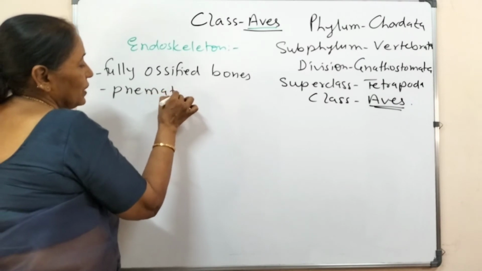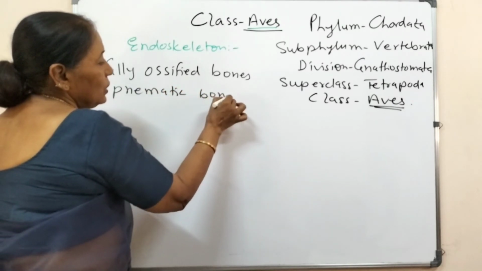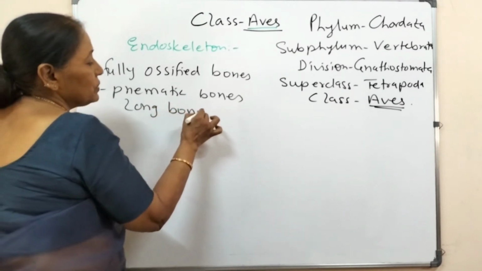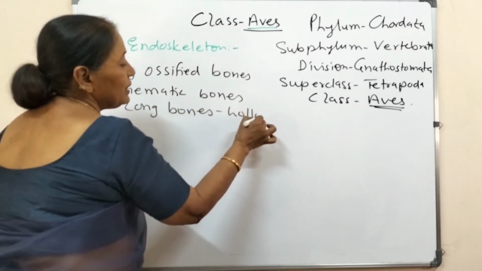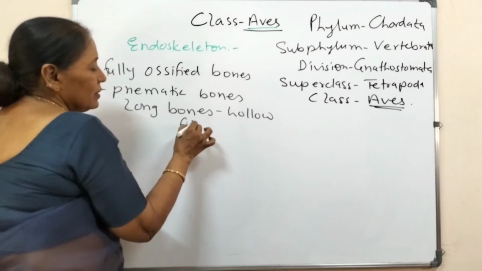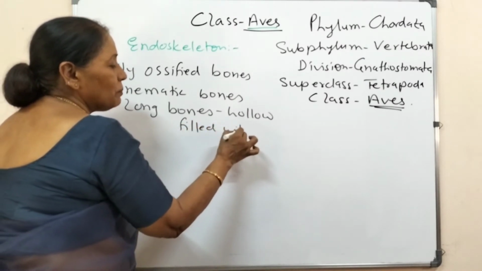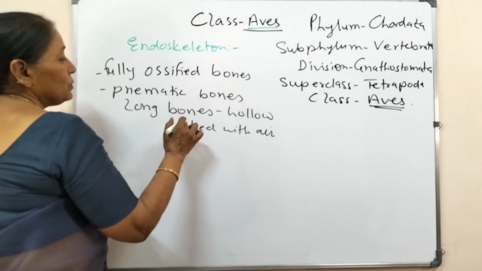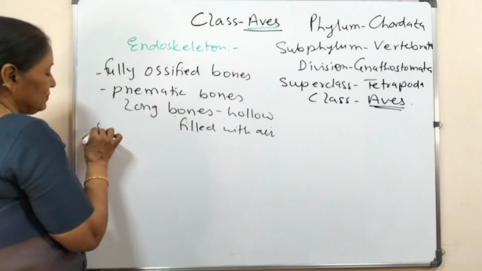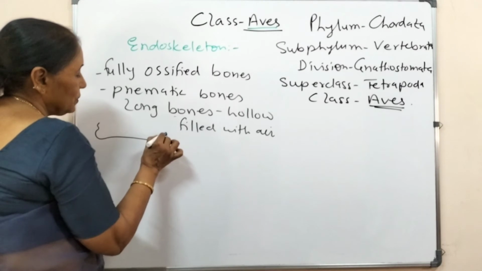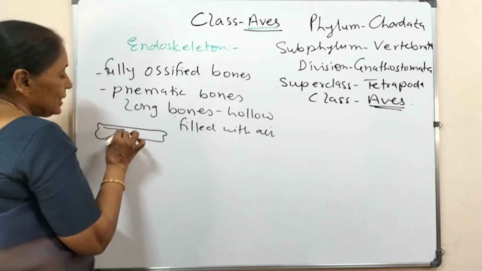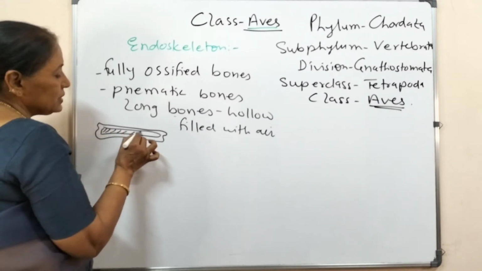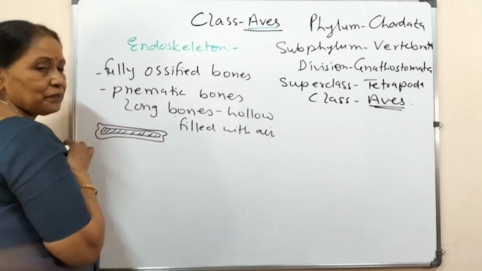Pneumatic bones means the long bones are hollow. All the long bones, children, are hollow and filled with air. This makes the body of the birds lightweight. So if this is the bone, then the inside is hollow and filled with air.